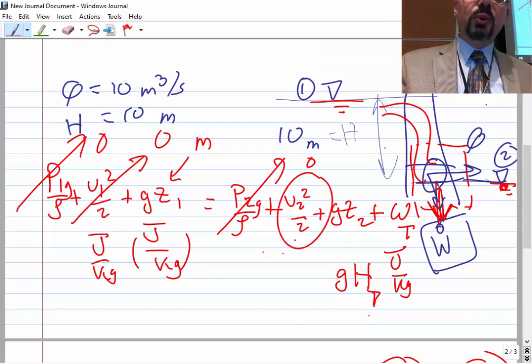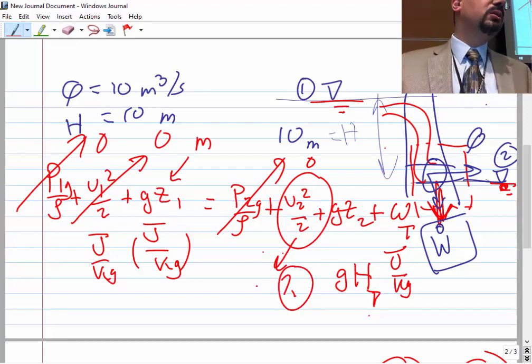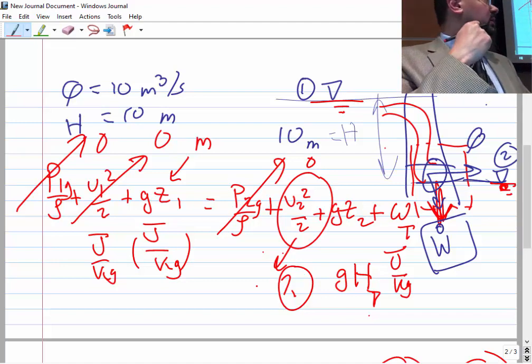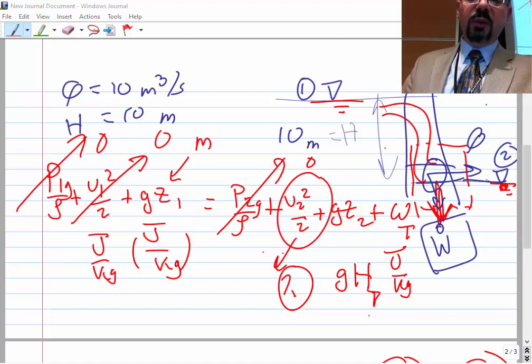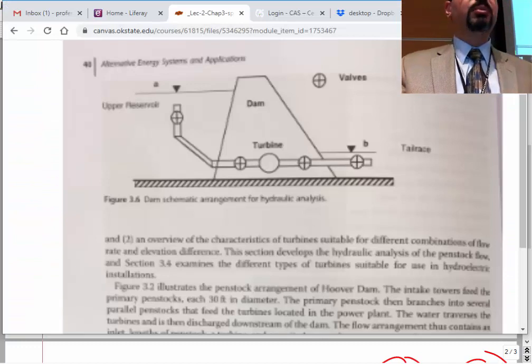Unfortunately, V2 is not 0. Okay, V2 is not 0. Why is it not 0? Because we need the flow to actually leave this pipe, right? So V2, unfortunately, is not 0. You wish it's 0.